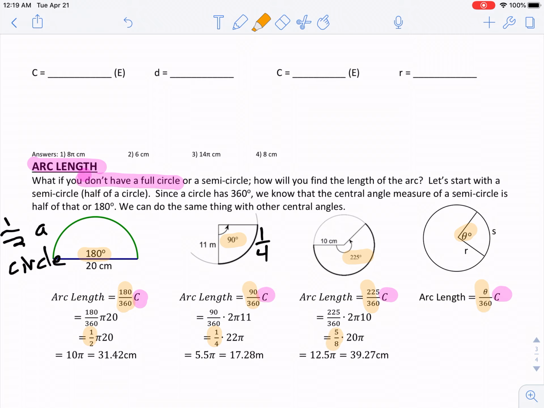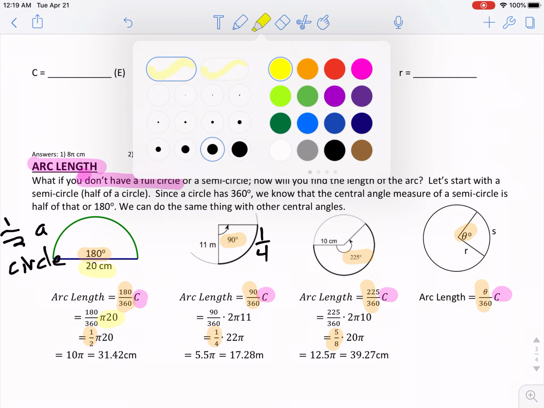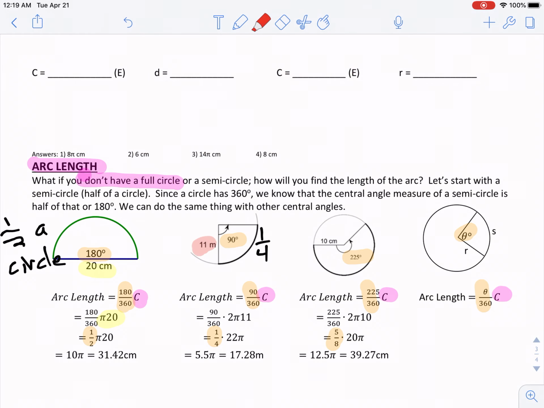Other thing to notice here. This one they gave us diameter, so we used pi times d for the circumference. This one, they gave us a radius, so we used 2 times pi times the radius for our circumference. Radius again, 2 times pi times the radius.